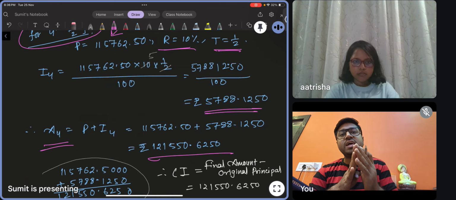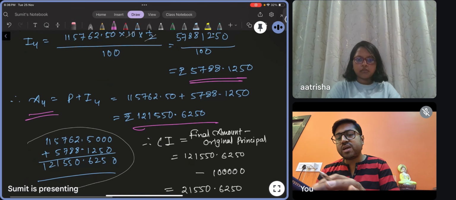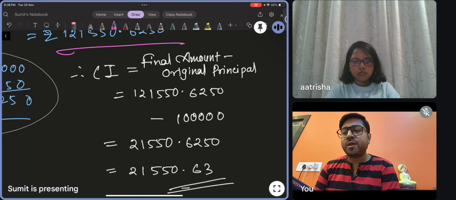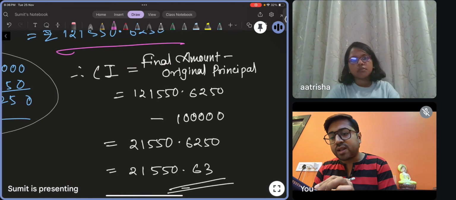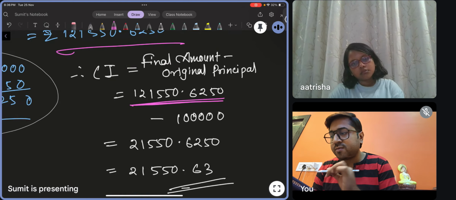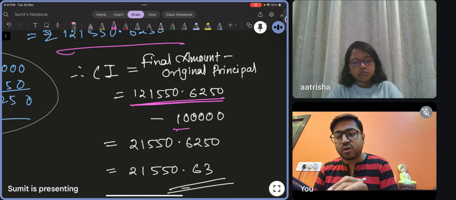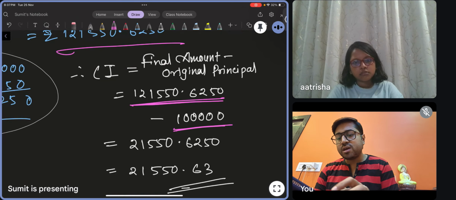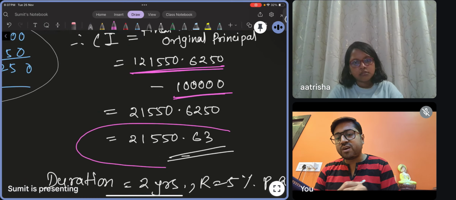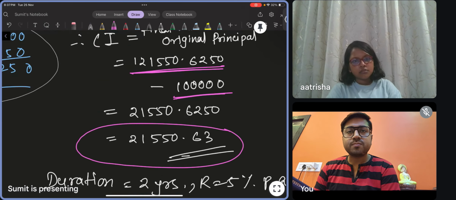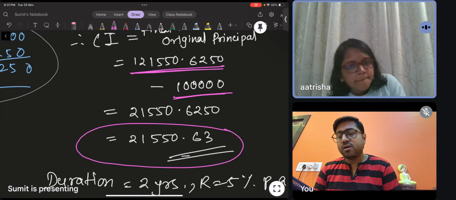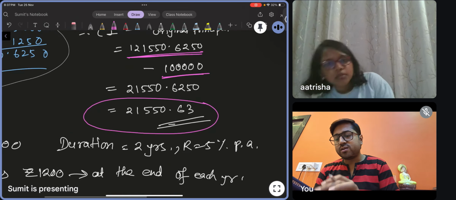So how much CI are you paying? That will be CI equal to final amount minus original principal. The final amount we have got this, and the original principal we had, that is 1 lakh. So if you subtract, it is 21550.6. Is it okay?